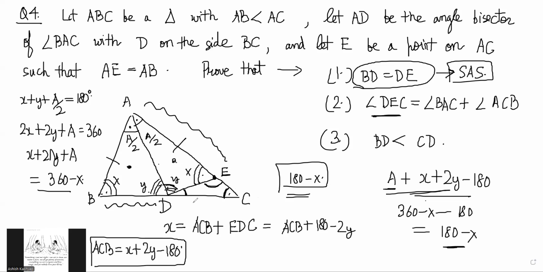Which directly means that angle DEC is bigger than angle ACB. And angle ACB is equal to angle ECD, if you think about it. It's the same angle, right?